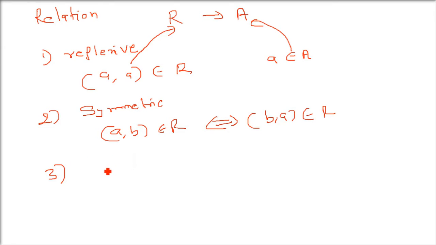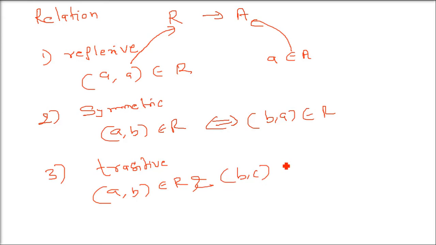Third one was transitive. And transitive means what? If (a, b) belongs to this relation R on a set A, and (b, c) is also belonging to R, then (a, c) should also belong to that relation.